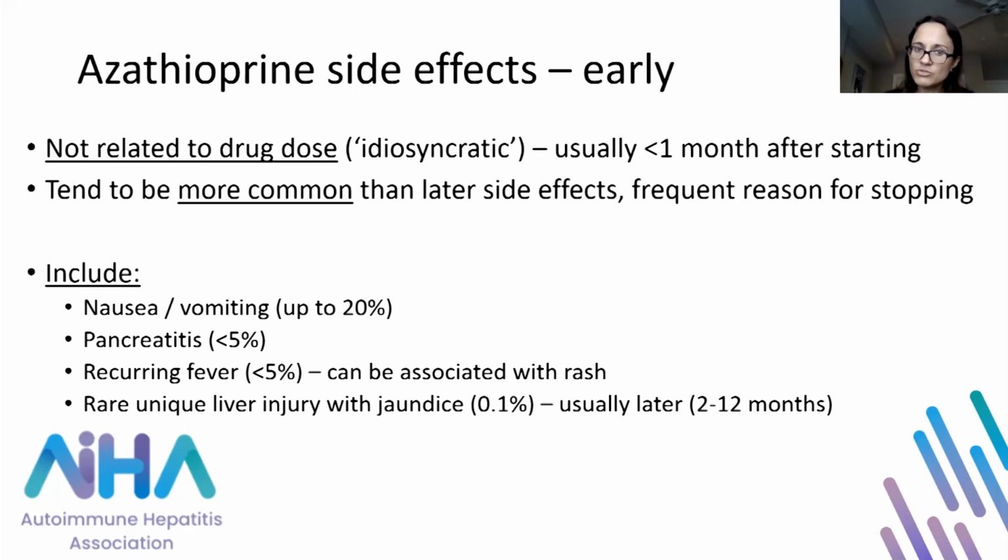There's also this unusual syndrome of recurring fever, sometimes with a rash, that's thought to be essentially similar to an allergic reaction to the drug, and that occurs in less than 5% of patients. And then there's a very rare, unique liver injury where patients present with jaundice. That usually occurs a little bit later, in the 2 to 12 month period, and can be associated with azathioprine.